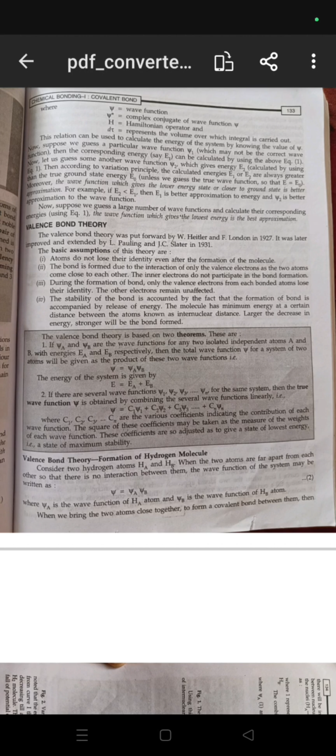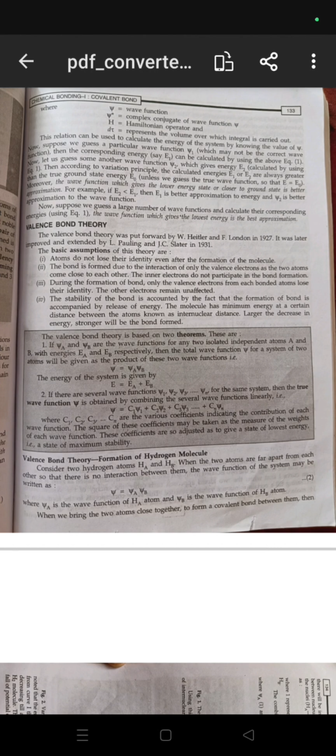Third, during the formation of the bond, only the valence electrons from each atom lose their identity, the other electrons remain unaffected. Fourth, the stability of the bond is accounted by the fact that the formation of the bond is accompanied by the release of energy. The molecule has minimum energy at a certain distance between the atoms, known as internuclear distance. Larger the decrease in energy, stronger will be the bond formed.